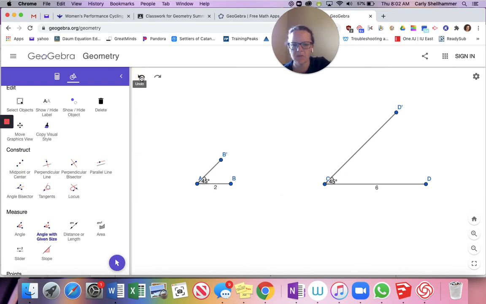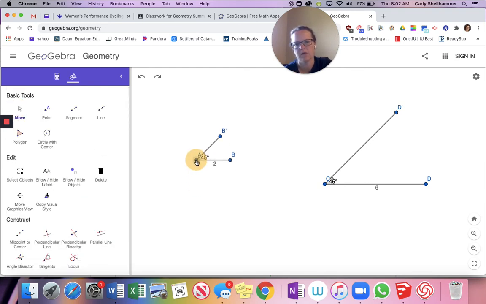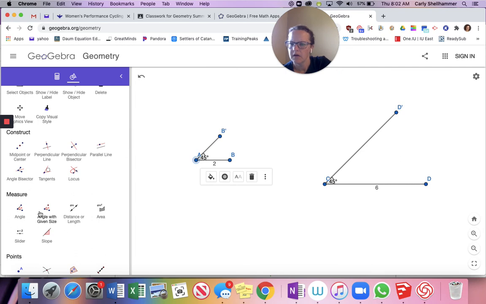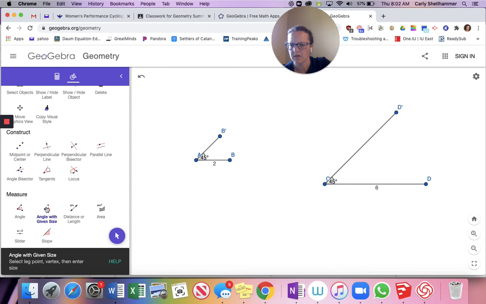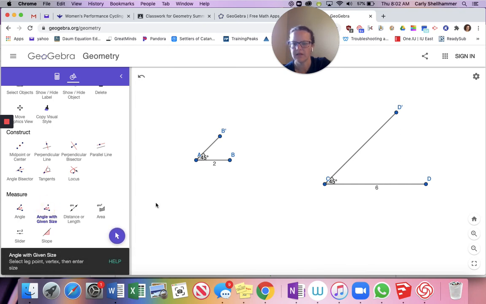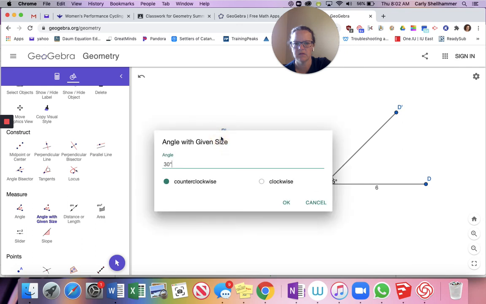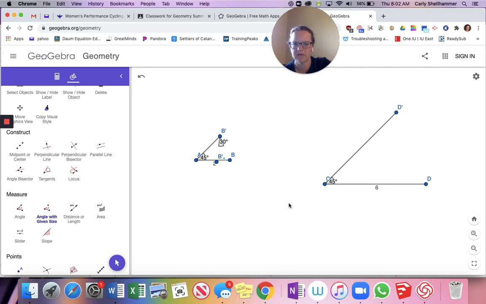For some reason it was being wonky. Angle with given size. We did this before. Select leg, point, vertex, then enter size. Leg, cancel. That's not going to work. Let's see what happens. Well, that means that one's 30.